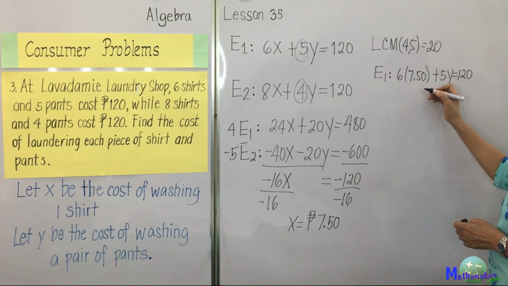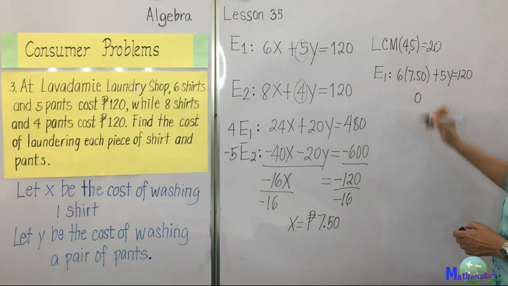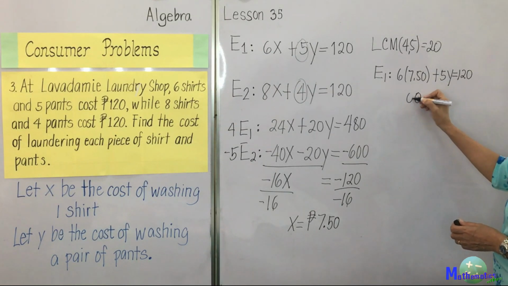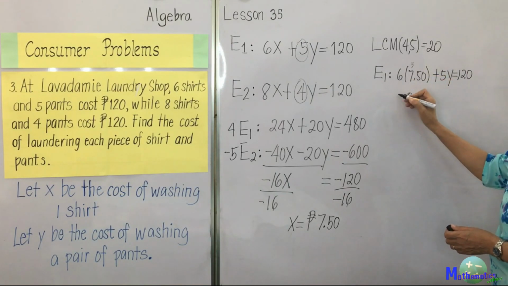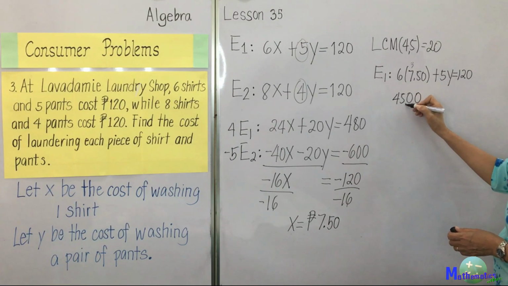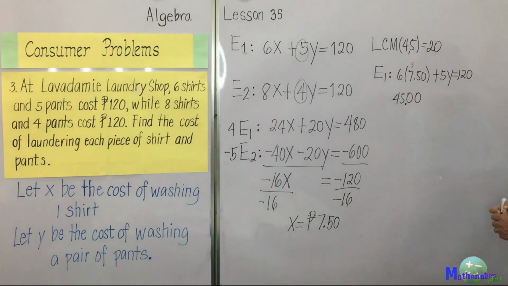So 6 times 7.50, we have 45. And then plus 5y is equal to 120.